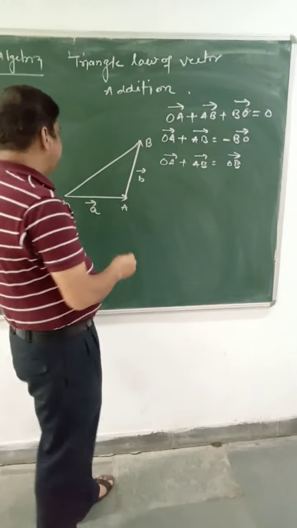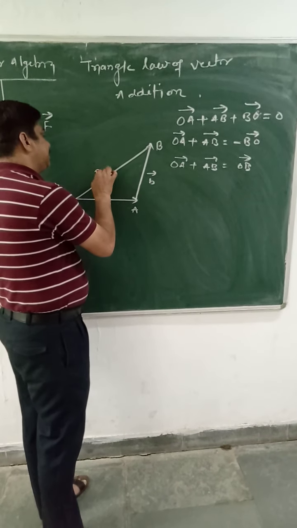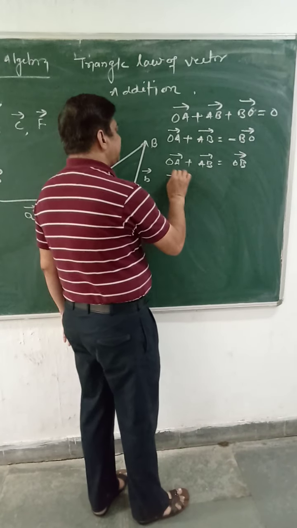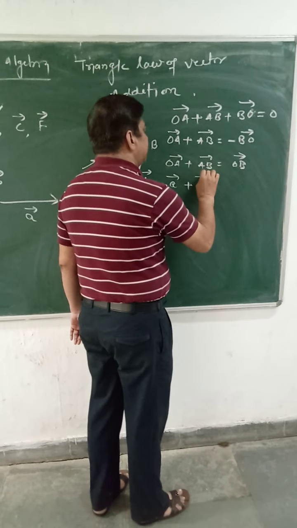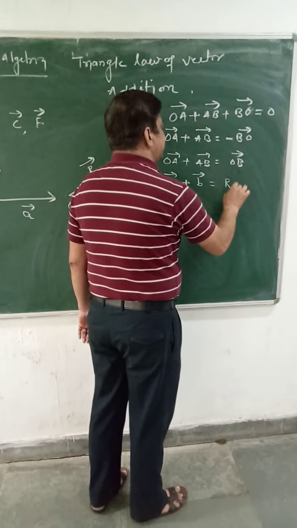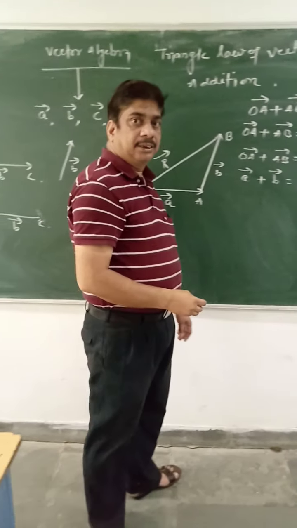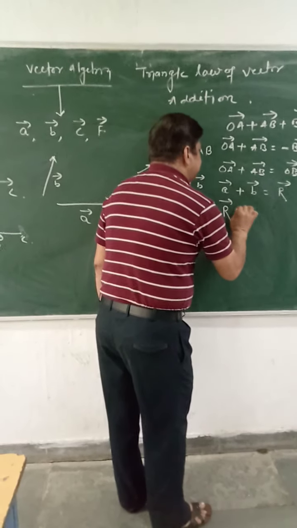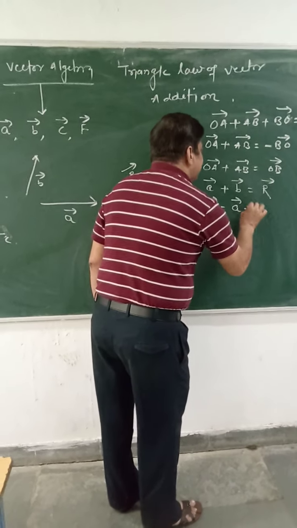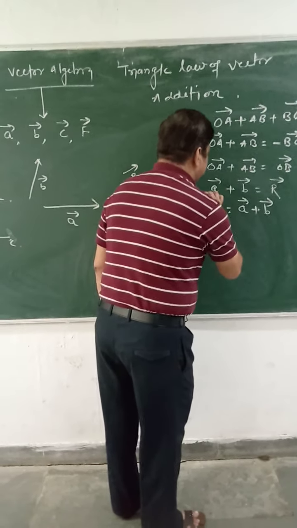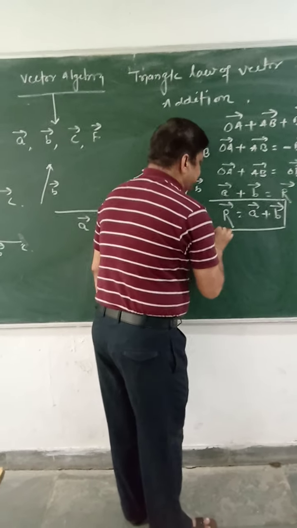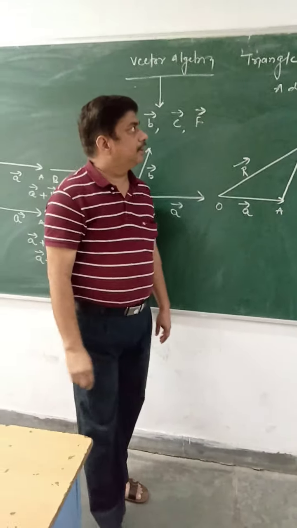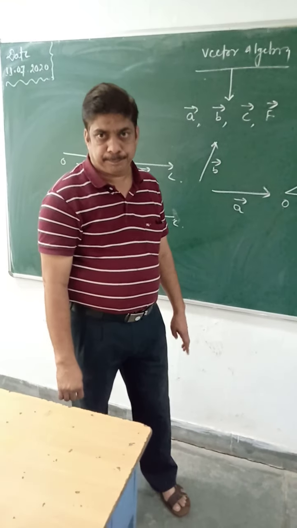Let this OB be represented by R. So here we got A plus vector B is equal to R. This is known as the resultant vector R, and this is said to be the triangle law of vector addition.